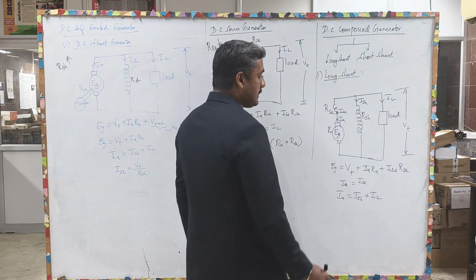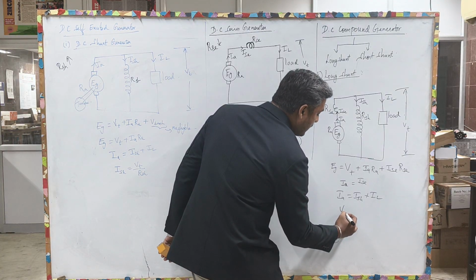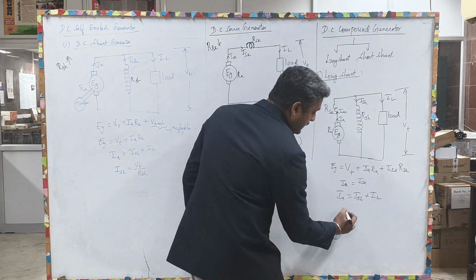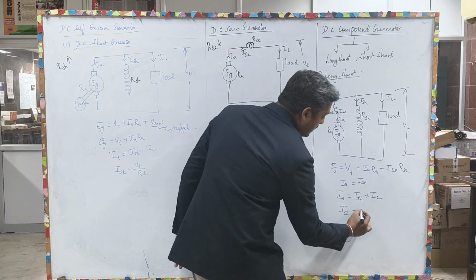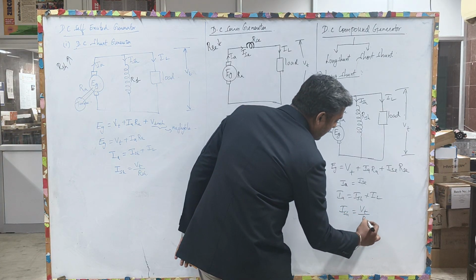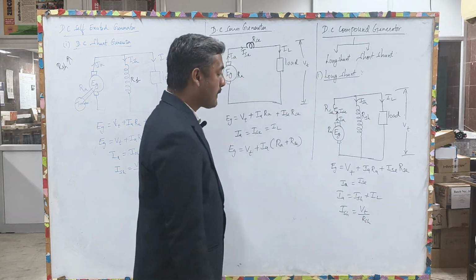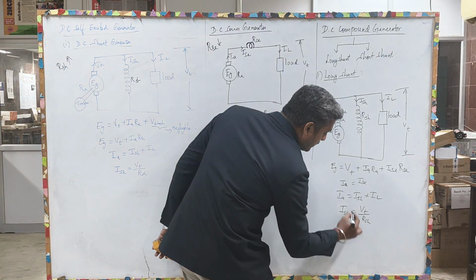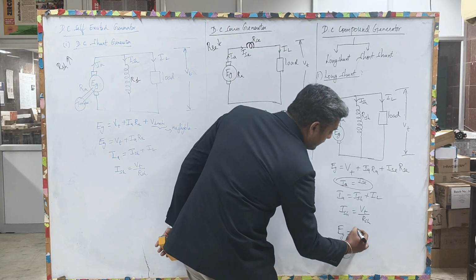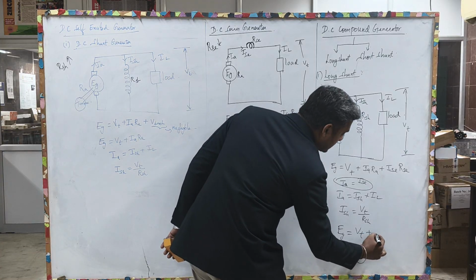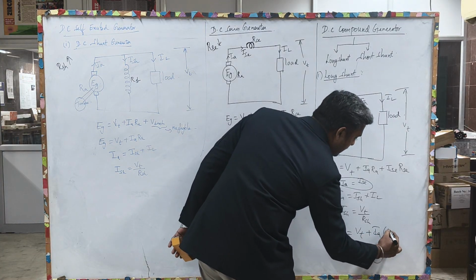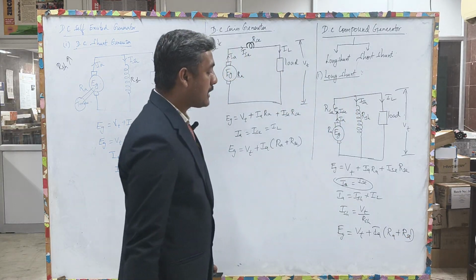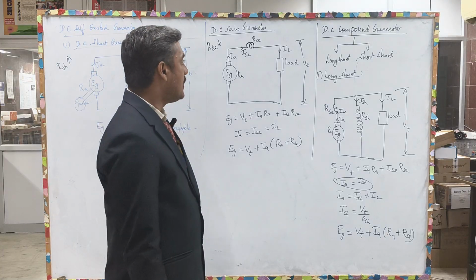Ish is equal to Vt divided by Rsh. Now we can replace this equation: Eg equal to Vt plus Ia into (Ra plus Rse).